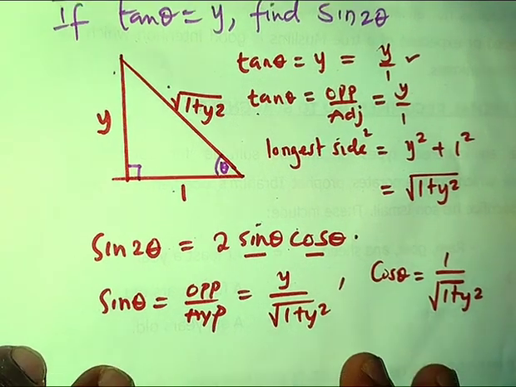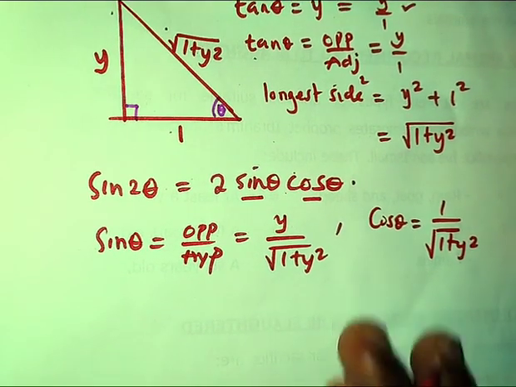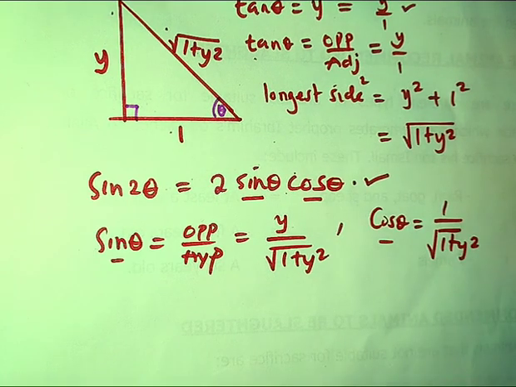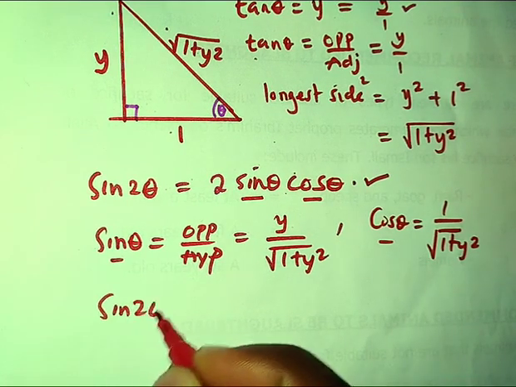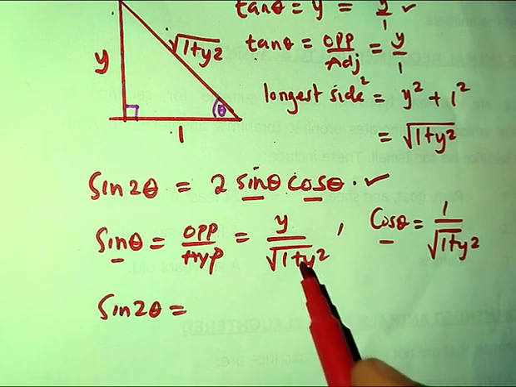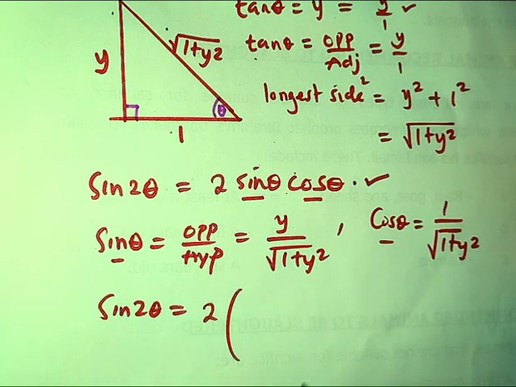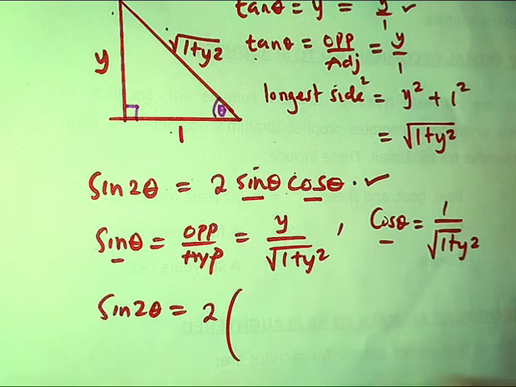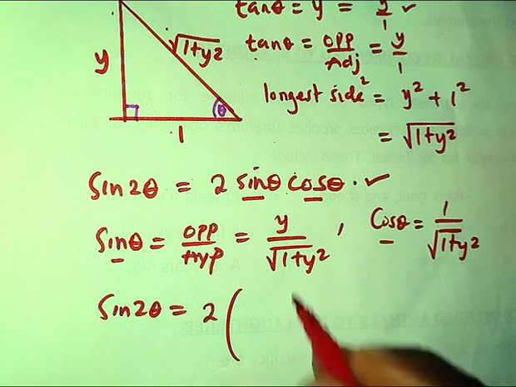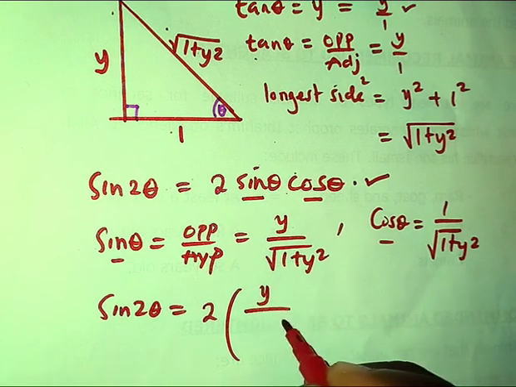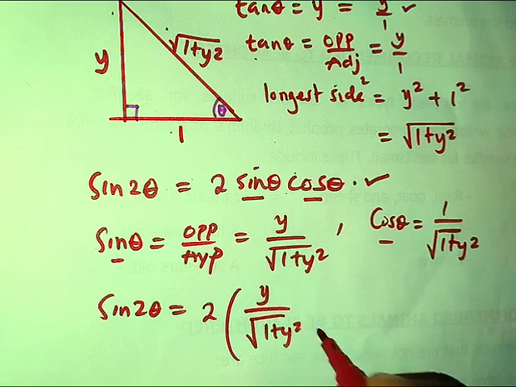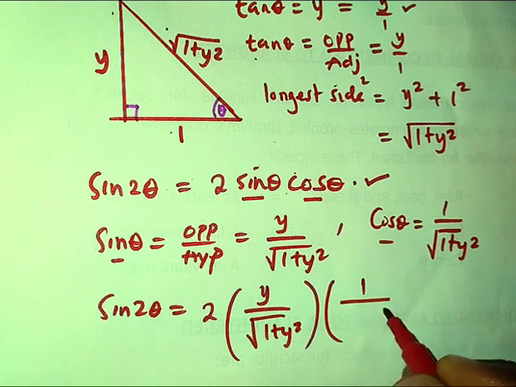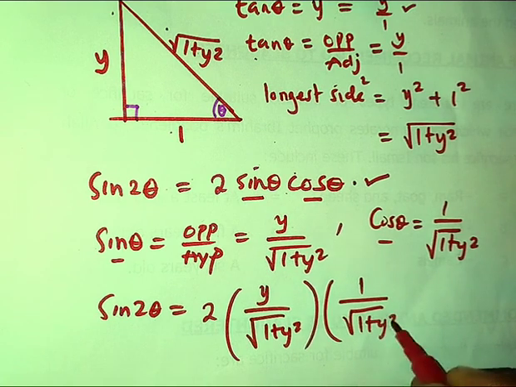Now the next thing we are going to do is plug in this and this in sine 2 theta. Sine 2 theta is now going to be 2, multiplied by sine theta, which is y over root 1 plus y squared, then multiplied by cos theta, which is 1 over root 1 plus y squared.